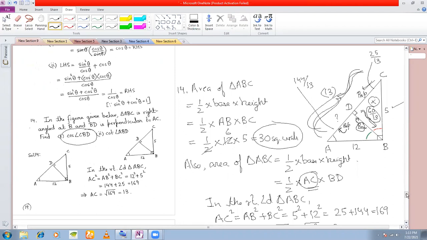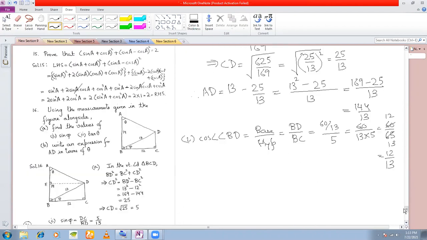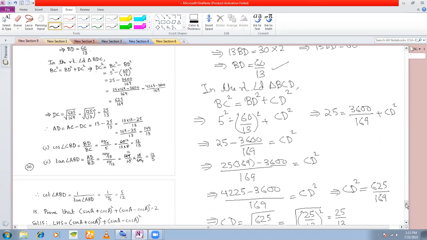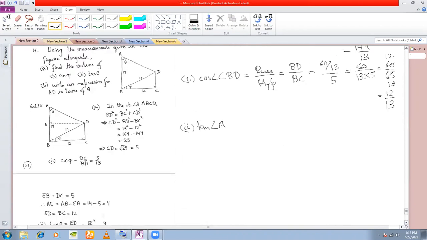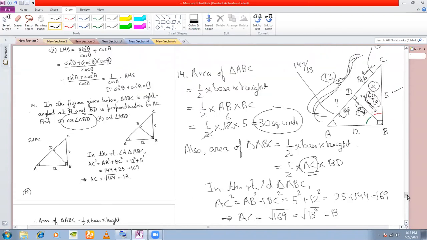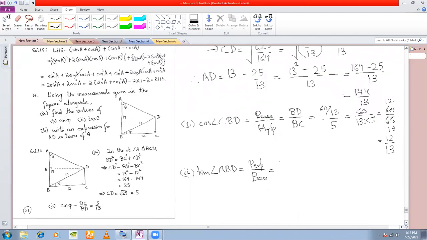Okay. So let's find out tan. Tan of angle ABD is equal to perpendicular by base. Perpendicular here is AD. Base here is BD. Side AD by BD. Now let's see what are the lengths.